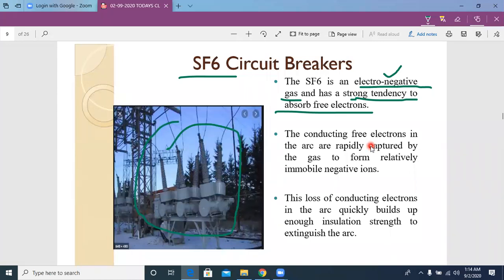The dielectric strength of the medium between the contacts increases, so it gets the capability to extinguish the arc. The operation is the same as air blast, but in place of air, here we place SF6.